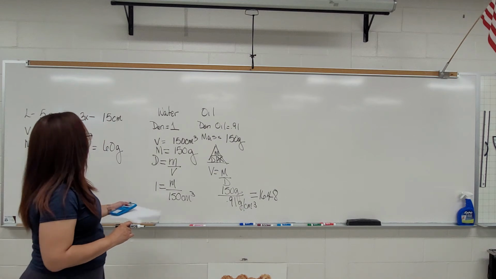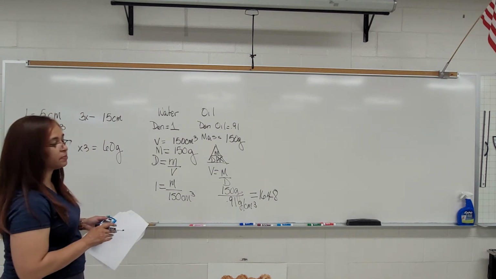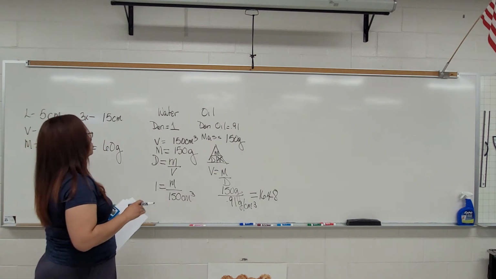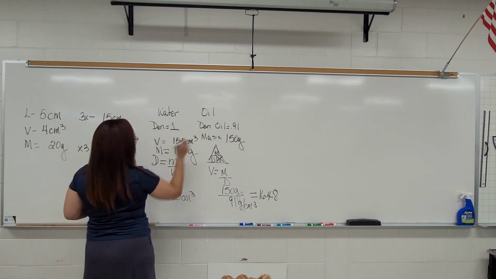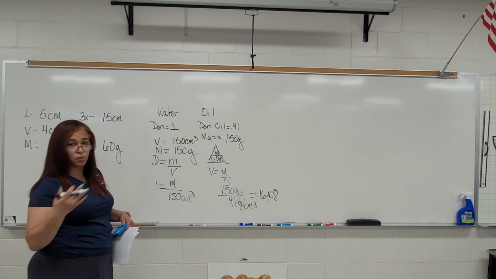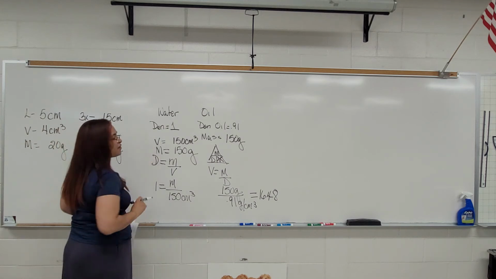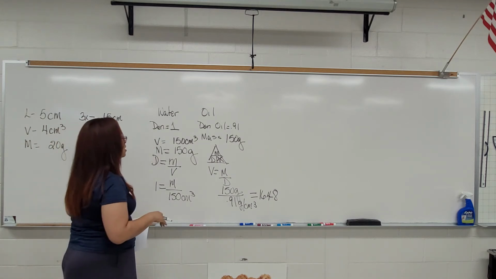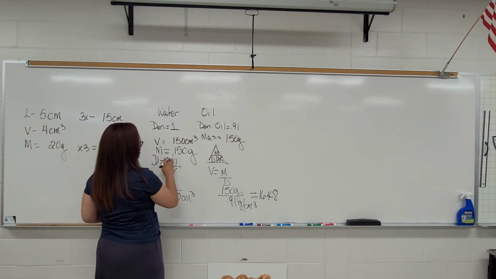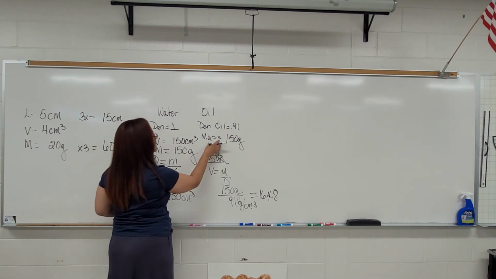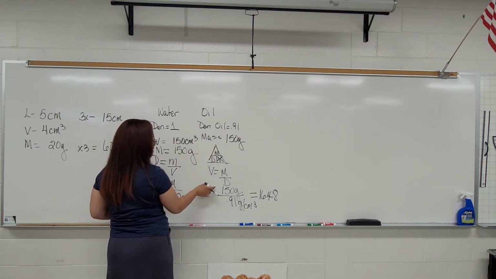That is how we would solve that problem. So always identify what your knowns are first and then see what you can figure out. Given the volume and the density of water, we could solve for mass. Once we have the mass, we can plug it in here, and with two variables we can solve for the third.